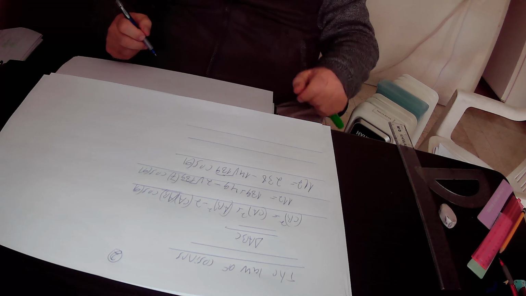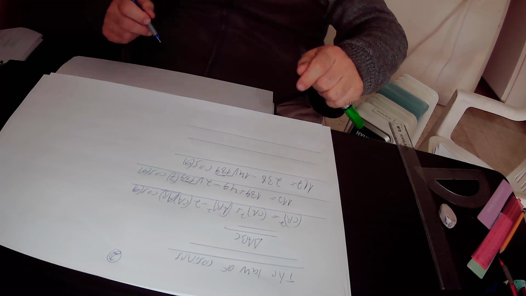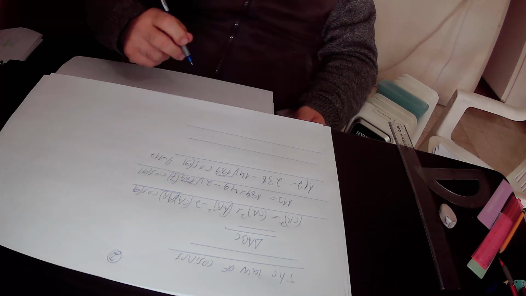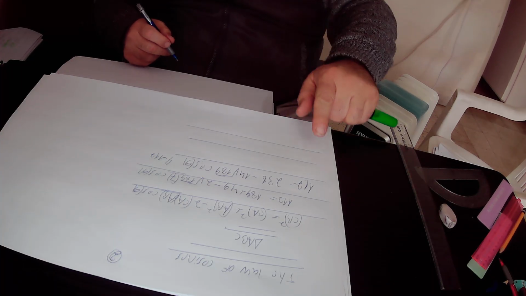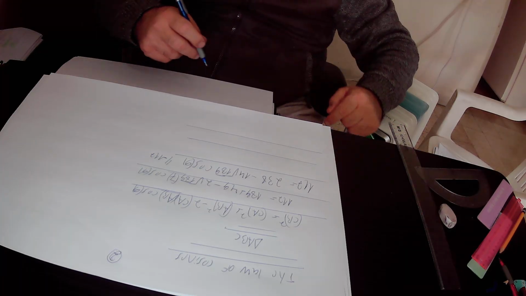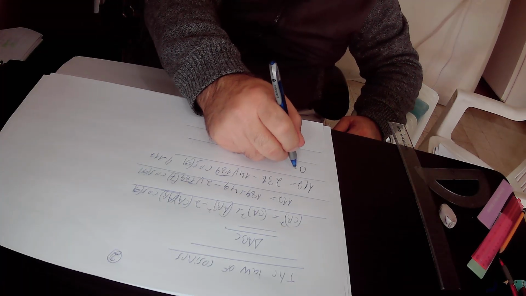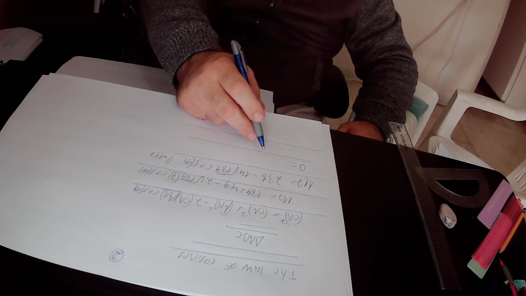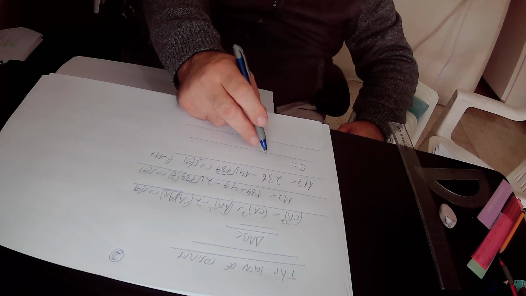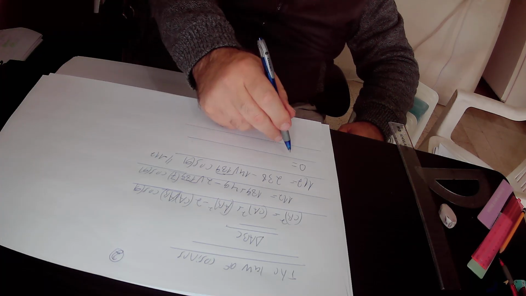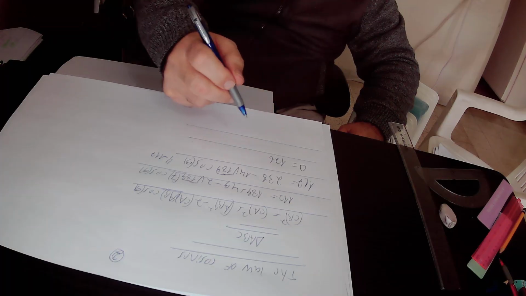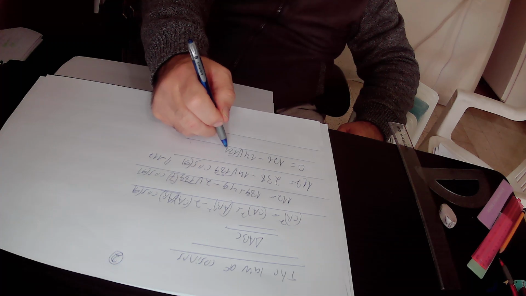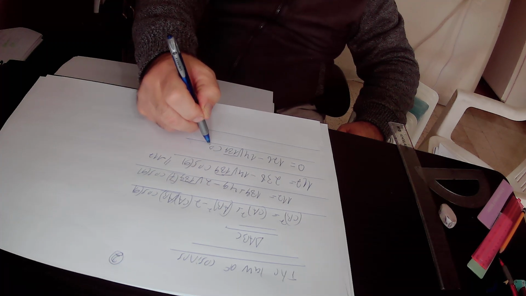So here we will subtract 112 from this equation. After we subtracted 112, on this side of the equation we are left with nothing, that is to say 0. On the other side of the equation we have 238 minus 112, which is 126, minus 14 times the square root of 189 times cosine alpha.